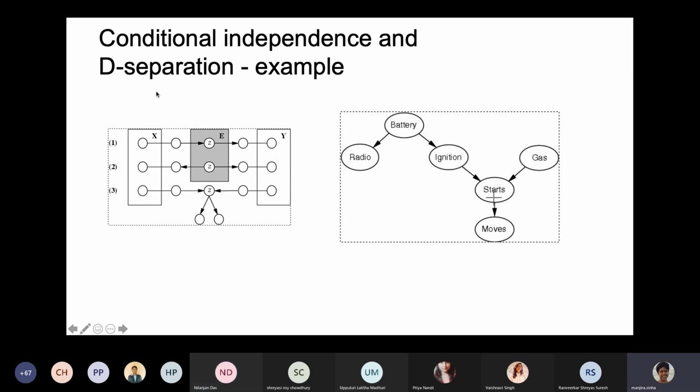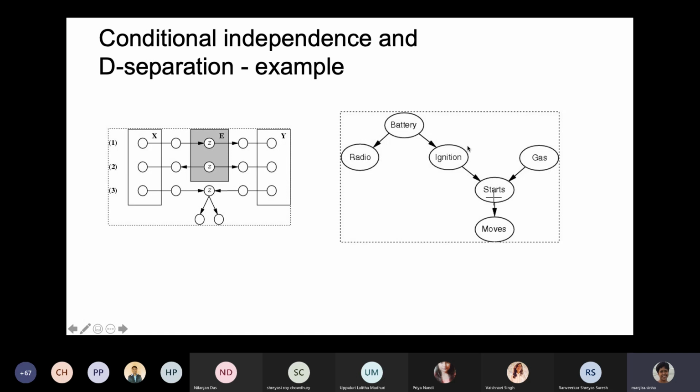So we said that two sets of nodes X and Y are d-separated by the evidence set of nodes E if any of these three conditions holds. Now, for example, we have a Bayesian network topology for a car like this. The battery is influencing radio and ignition. Ignition and gas are influencing start, and start moves the car.